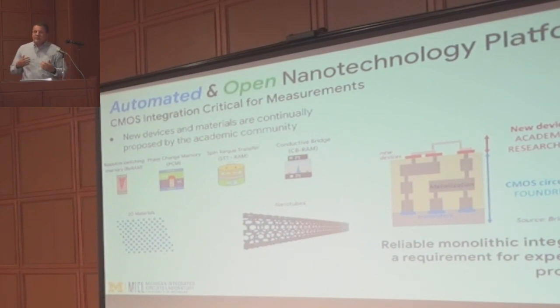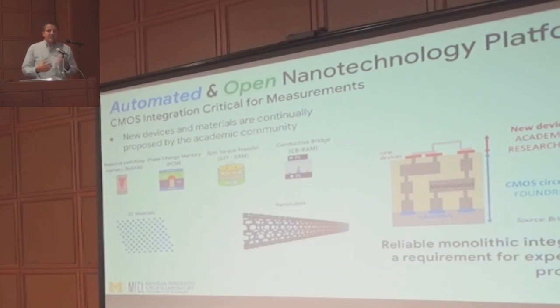So why do we do this? Because NIST requires a lot of test vehicles to accelerate nanofabrication research or science, basically. And as such, NIST and the nanofabrication community are extensively benefiting from this. We're basically characterizing new devices like RRAM, PCM, spin torque transfer devices, nanotubes, 2D materials, and so on.